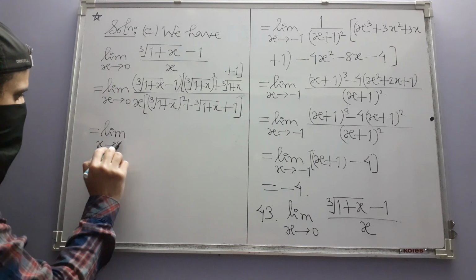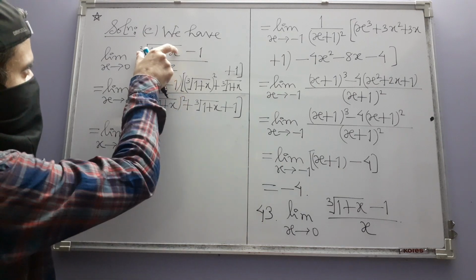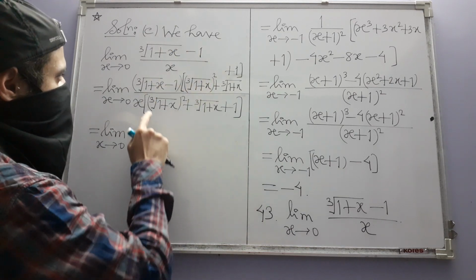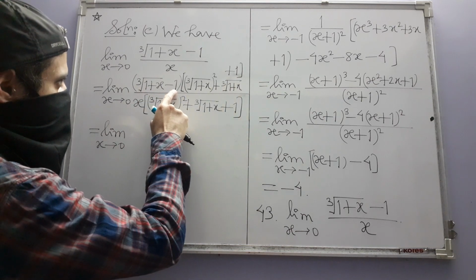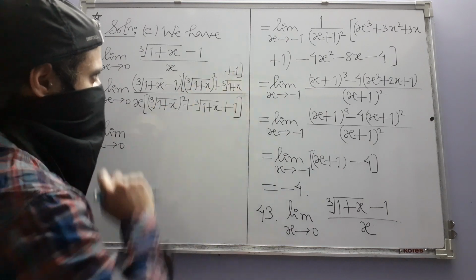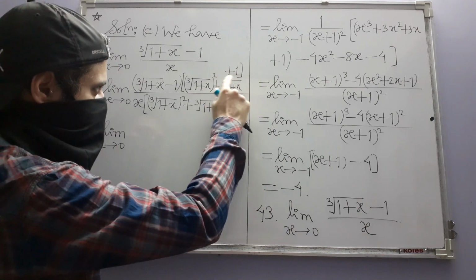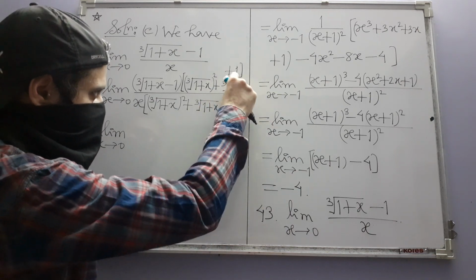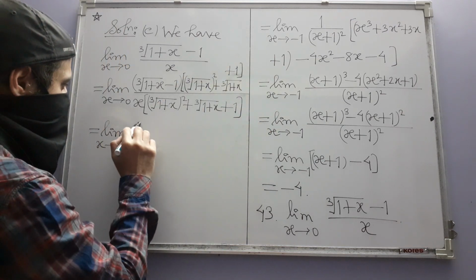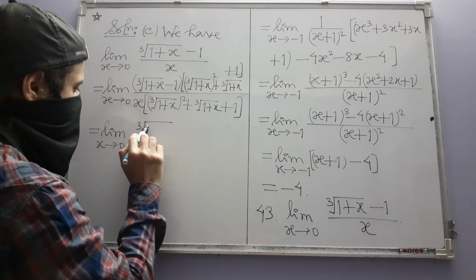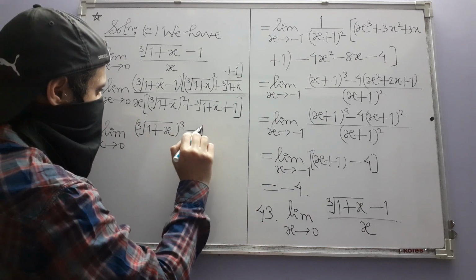Now you can see why we have done so. Say you call this A and this one as B. Then what we see here in the numerator is A minus B times A square plus AB plus B square. AB, because this can be written as a product of A and 1, and 1 of course is 1 square, so that becomes this.